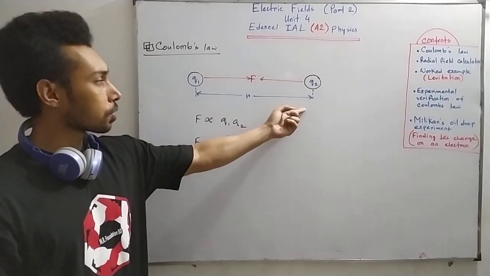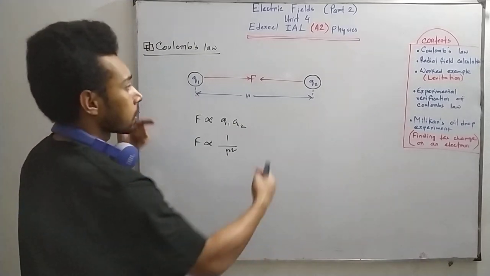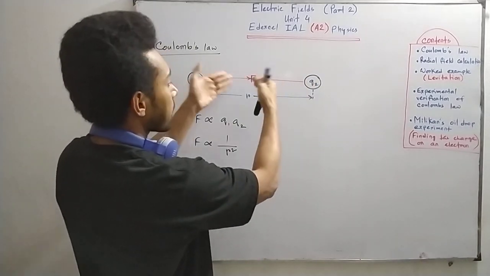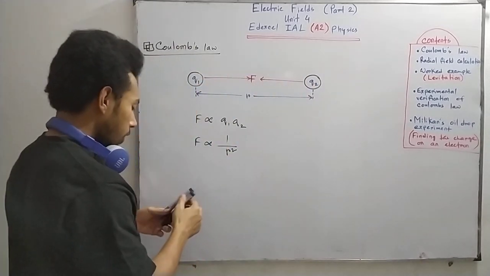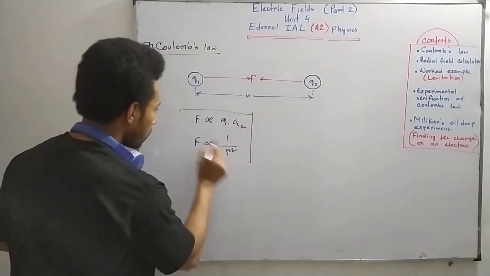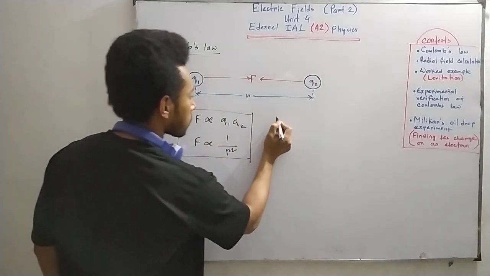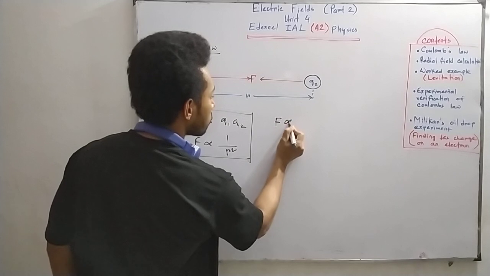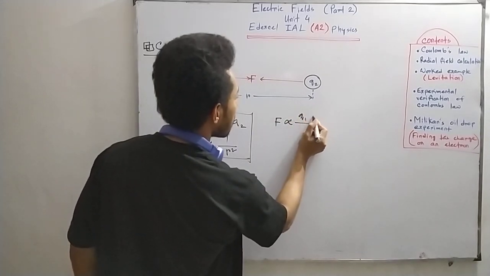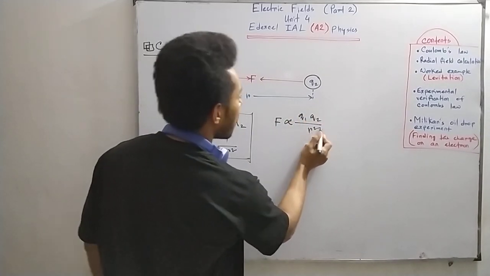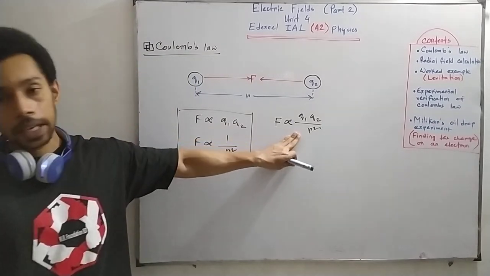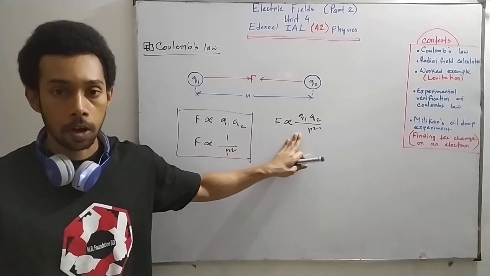Okay, from center to center, and the force acts between the centers, whether it is attractive or repulsive. And combining these two, we can write F is proportional to Q1 Q2 by R squared. This is actually Coulomb's law.